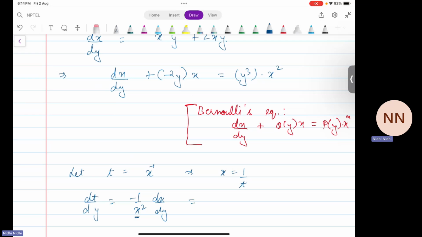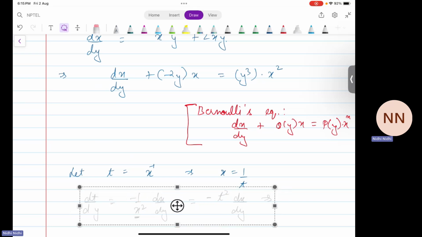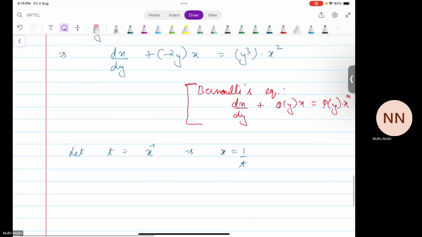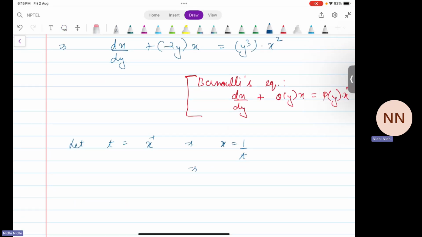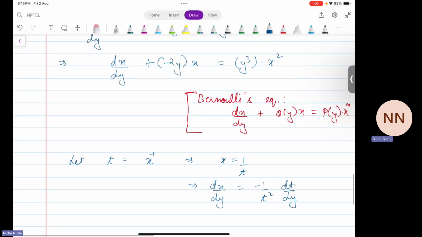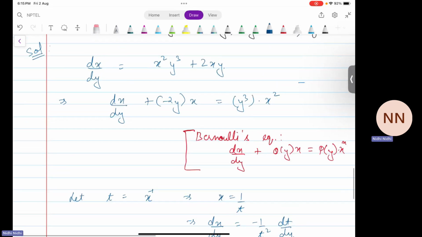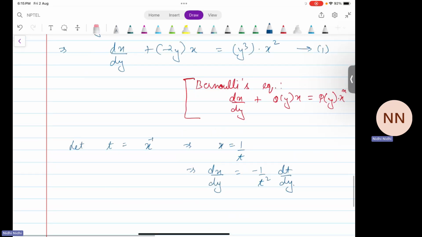So we are left with minus t square dx by dy, which gives us, wait a second, we can directly imply from here that dx by dy is equal to minus 1 by t square dt by dy. So let's number this as 1, this one as 2.